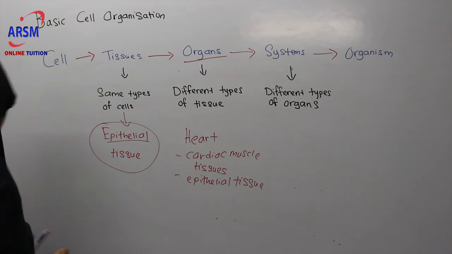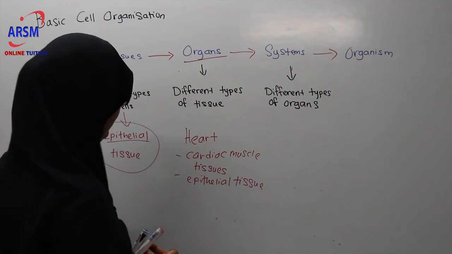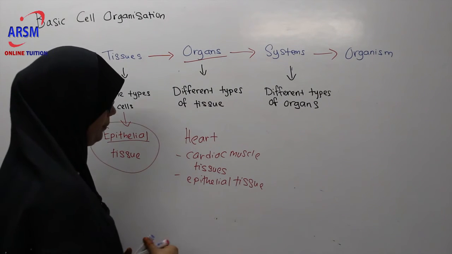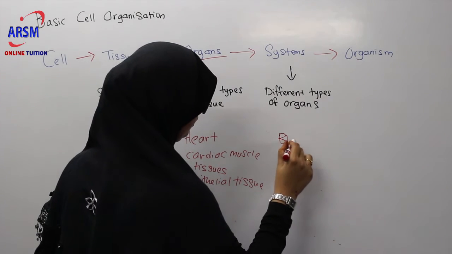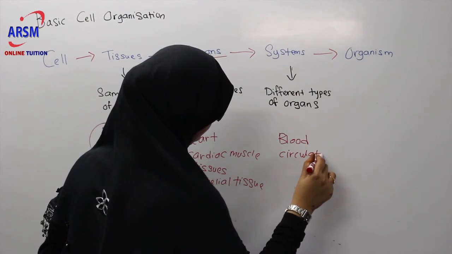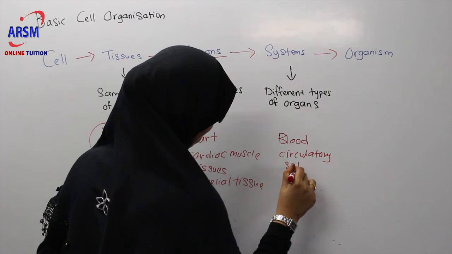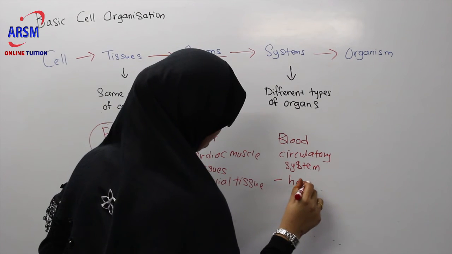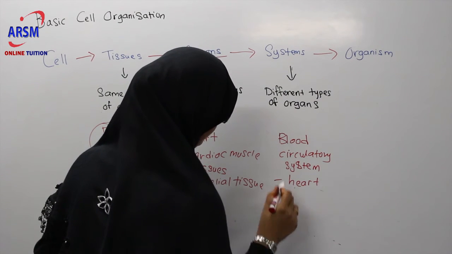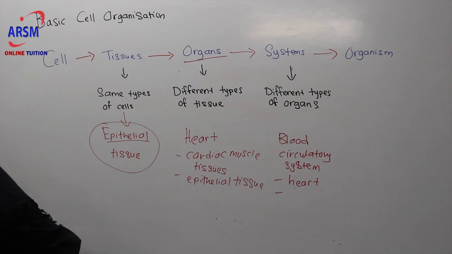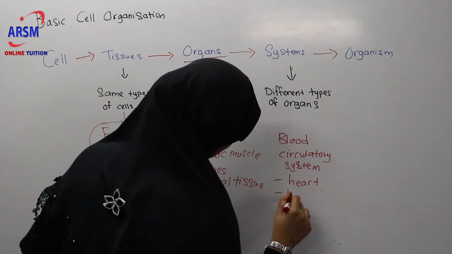For example, in the blood circulatory system, what do we have? We have the heart. Heart is an organ. Then what else do we have? We have our blood vessels.